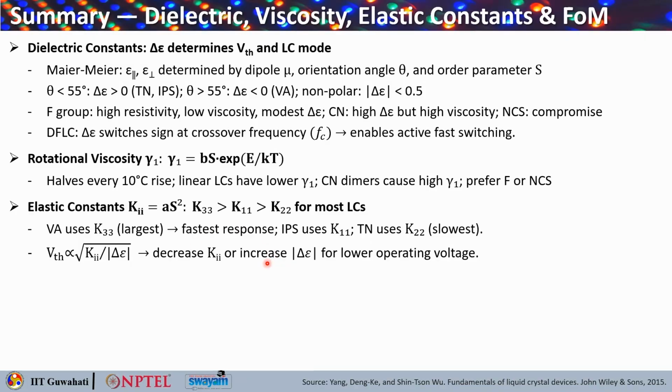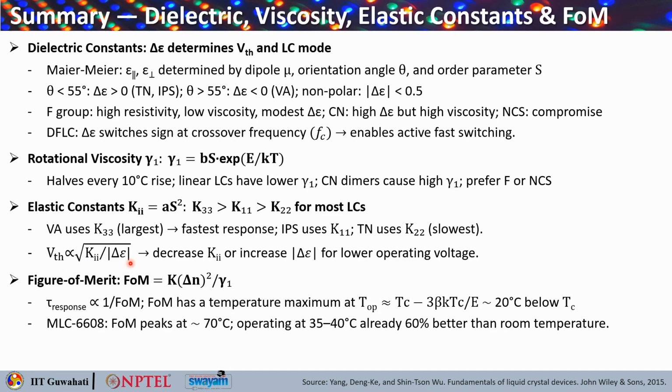And this is a comparison between the different elastic constants. We have also seen the vertical alignment has got the fastest response time and twisted nematic has got the slowest one, and the threshold voltage basically depends on this thing. So, if you want to lower the threshold voltage, you can either decrease this constant or you increase this.